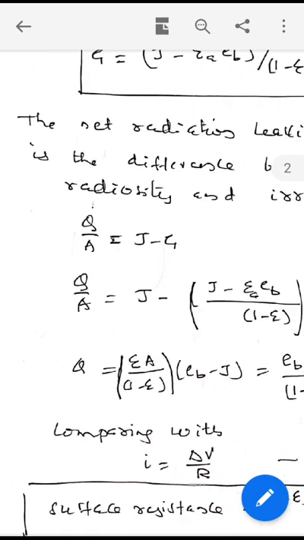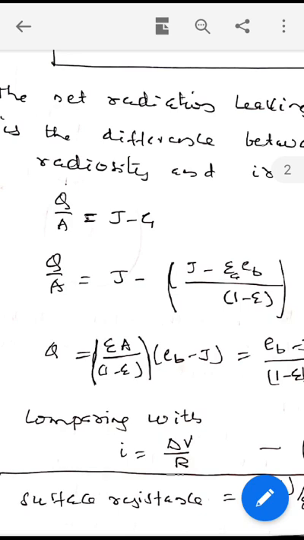The net radiation leaving the surface 1 is Q by A equal to J minus G, where J is radiosity and G is irradiation.